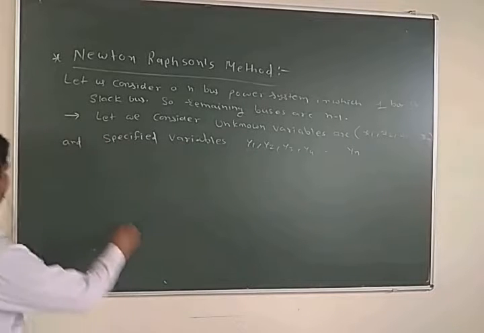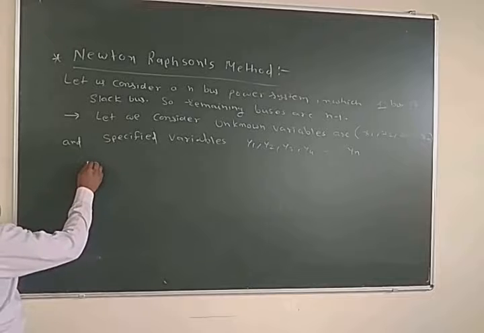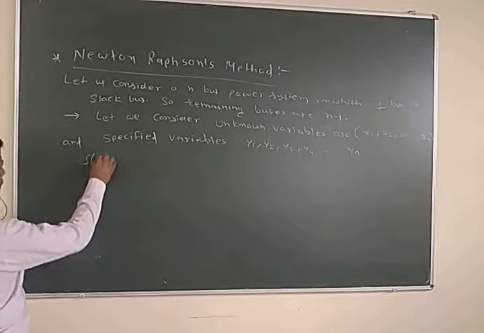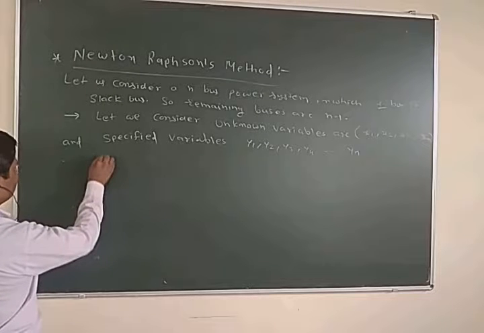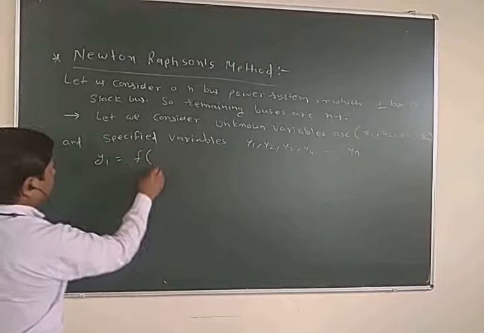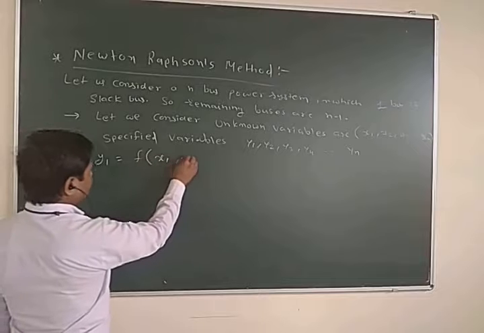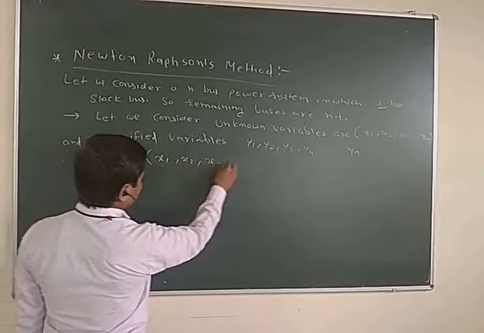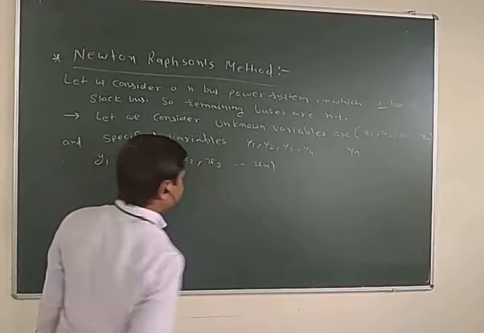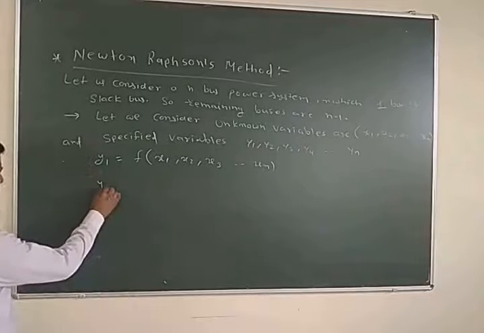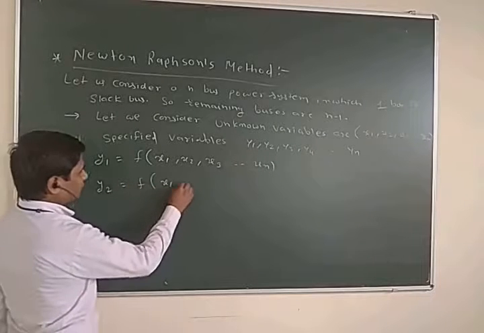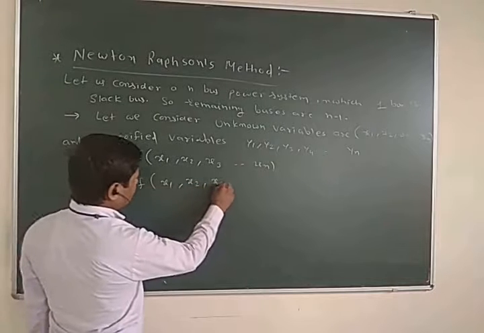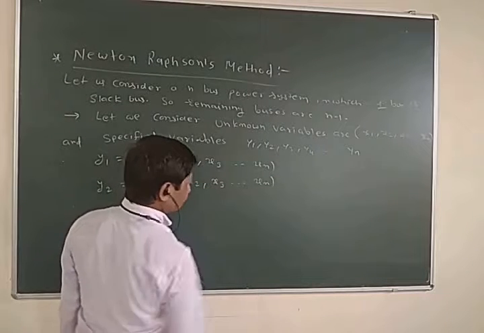So equation in terms of unknown becomes y1 is equal to f of x1, x2, x3 dot xn, y2 is equal to f of x1, x2, x3 dot xn.